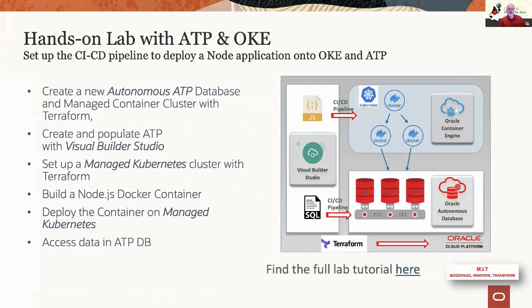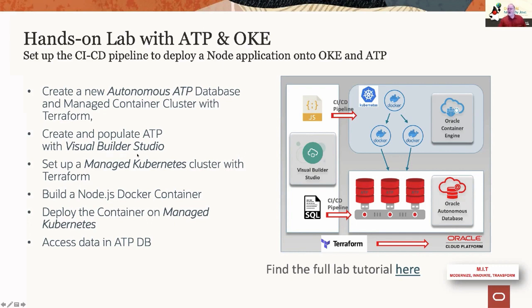We've renamed it, and we're making some changes to that product. You're going to set up the Visual Builder Studio Cloud Service. You're going to create the database tables using a pipeline within that. Using Terraform, you're then going to create a Kubernetes cluster in the Oracle Kubernetes environment, create a container for the actual application using Node.js and Docker, and then deploy that container onto managed Kubernetes and test it out to make sure that it works.